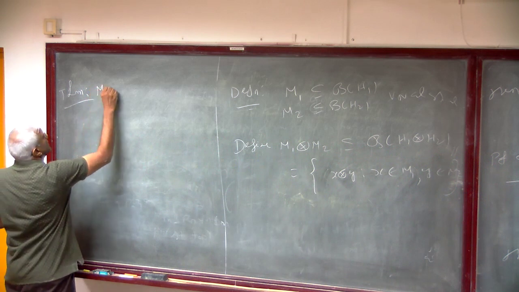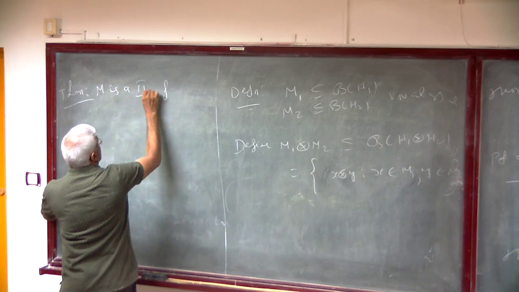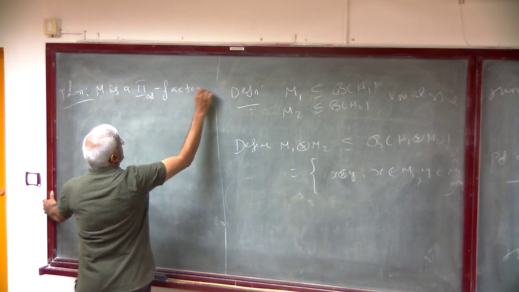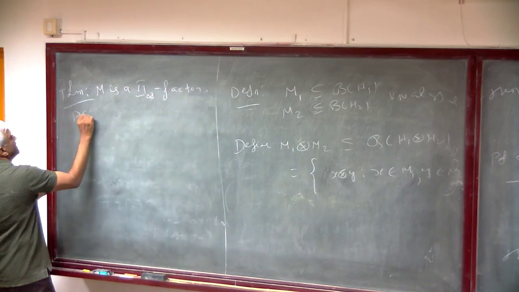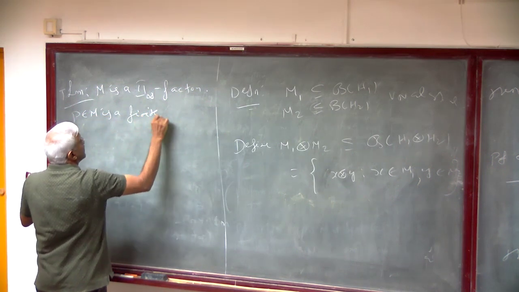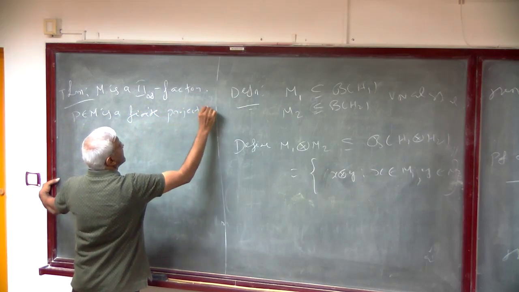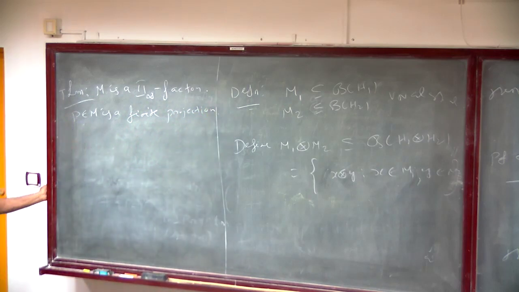So M is a 2 infinity factor. Okay. And P in M is a finite projection. It certainly admits one finite projection. Oh, it will be infinity, sorry.